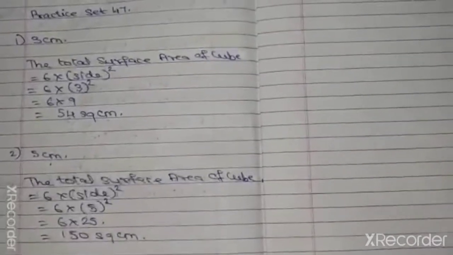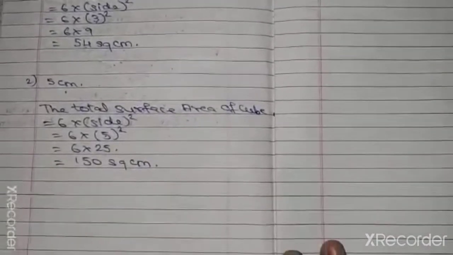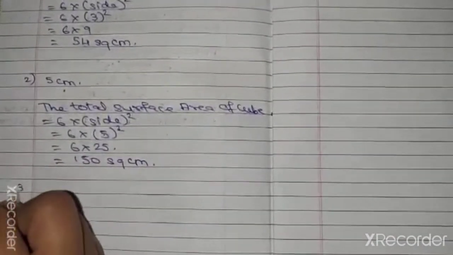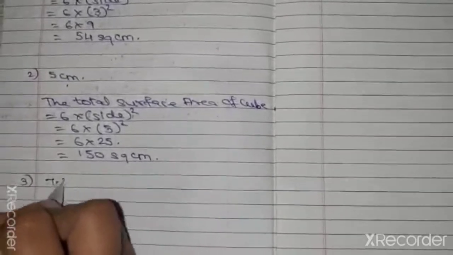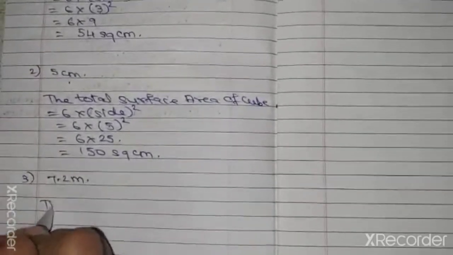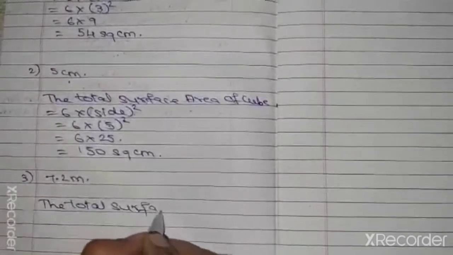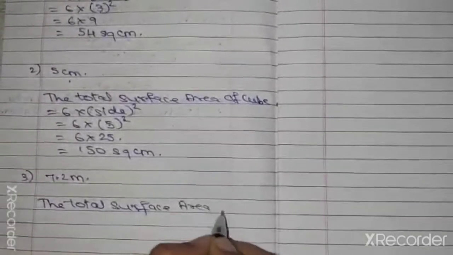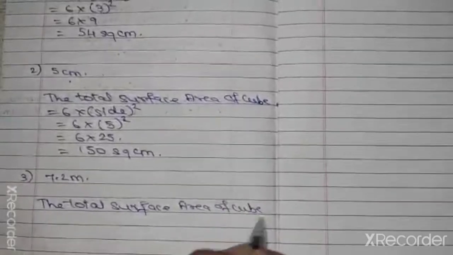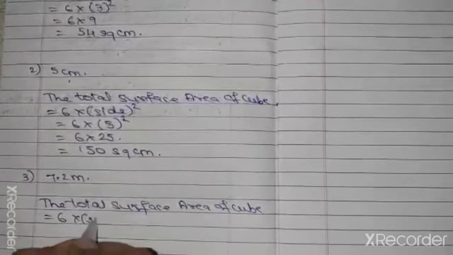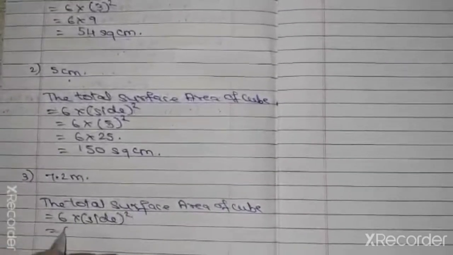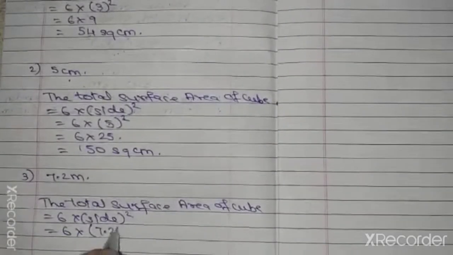Okay. Third one. Very easy sums. Third question. 7.2 meter. Right. The total surface area of a cube equals 6 multiplied by side square. So how much is the side? 7.2 square.